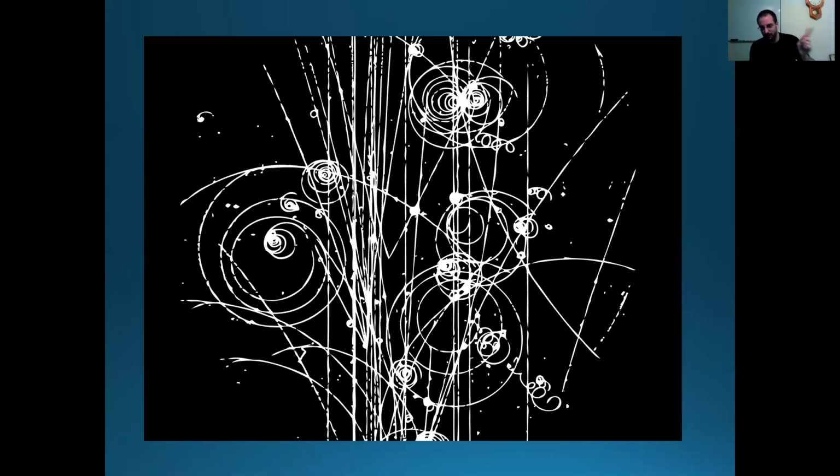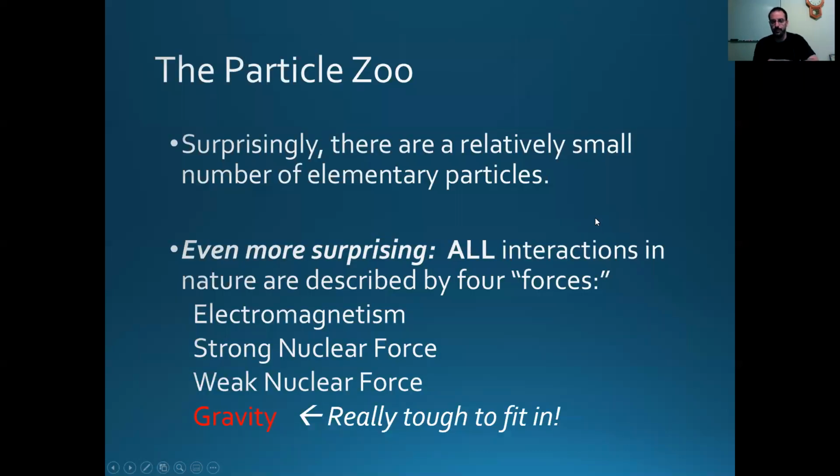The radius of that circular path tells you about the particle's mass and about its momentum. The direction in which it circles, whether it's clockwise or counterclockwise, tells you whether it's positively charged or negatively charged. So looking at a diagram like this, there's a whole bunch of physics you can get out of here. You can figure out what the masses of these particles are, what the momenta of these particles are. So there's a lot of really interesting stuff that you can do.